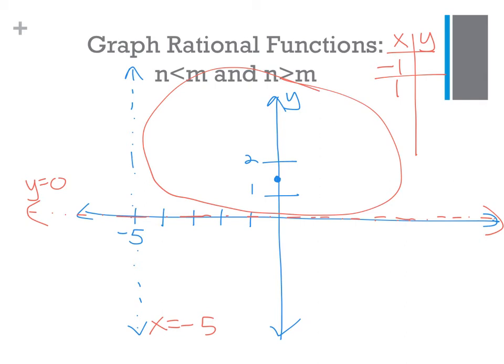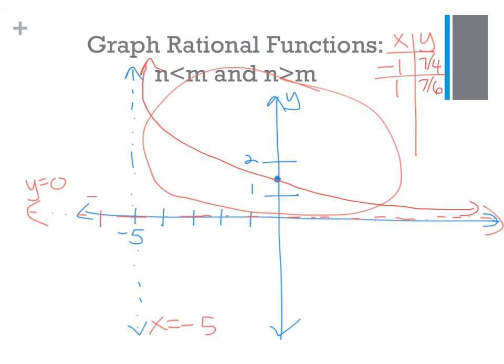If I plug in negative 1 and positive 1, I get 7/4 and 7/6 as my values. And so I know that the graph is going to look something like this. The graph is going to come down and approach the x-axis because it's going to approach the horizontal asymptote.